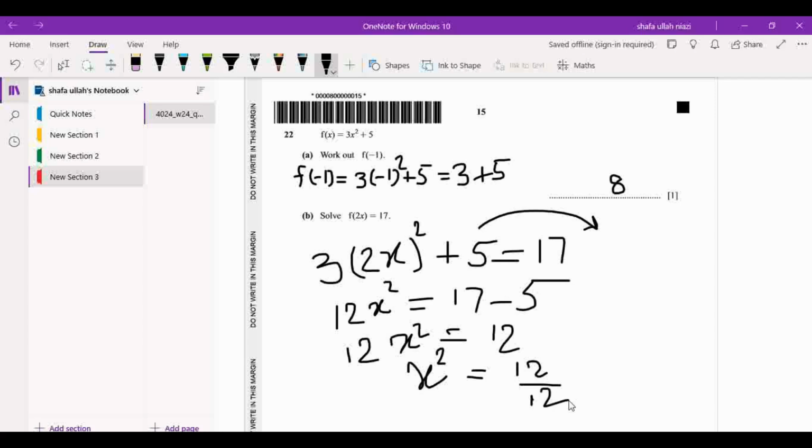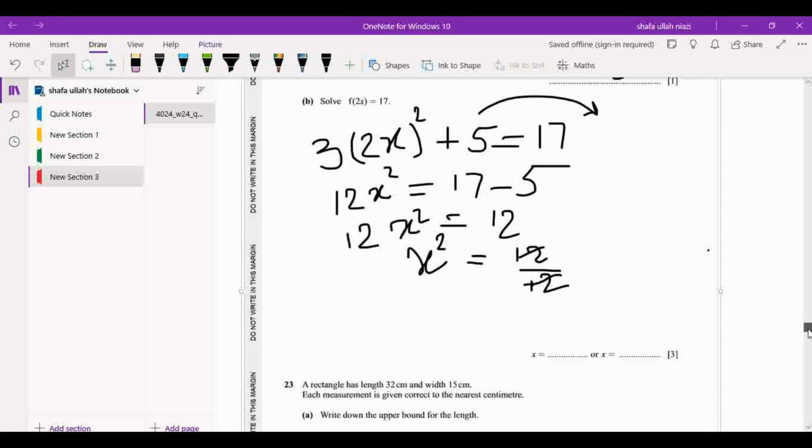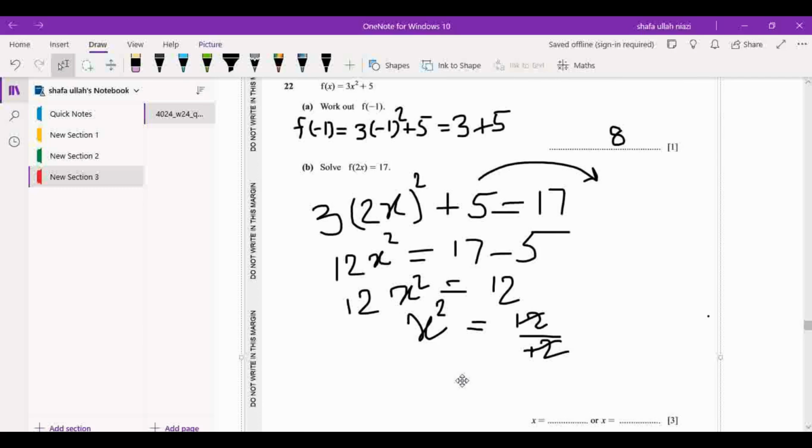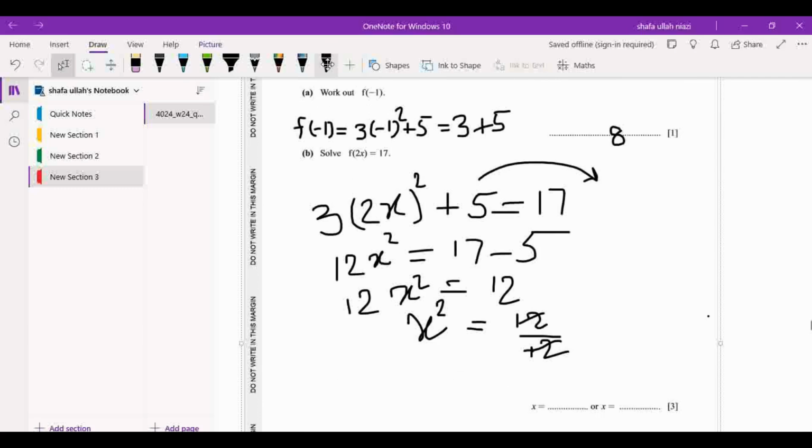So 12 over 12 is 1. We get x square is equal to 1. x square is equal to 1.